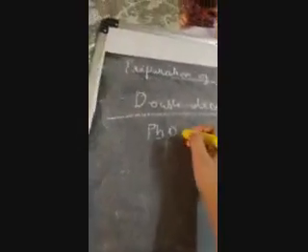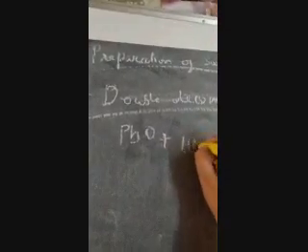So lead oxide is first converted to its nitrate salt with the help of nitric acid. So it will give you Pb(NO3)2. What we will get is lead nitrate and hydrochloric acid.